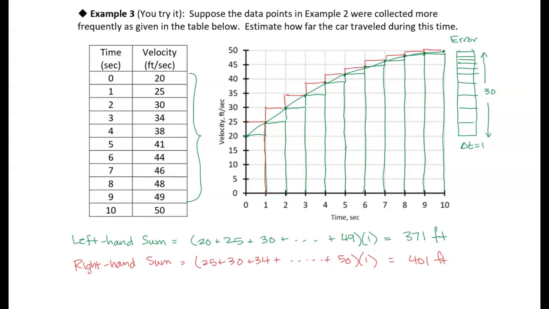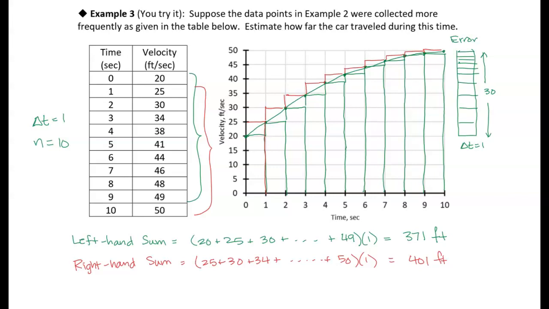And adding them up and multiplying times the width of each subinterval. And then for the right-hand sum, you're just going to take all of the right-hand data points, right? And multiply times the width of the subinterval. Okay, and in this case, delta t is equal to 1, right? And we have n equals 10 intervals.